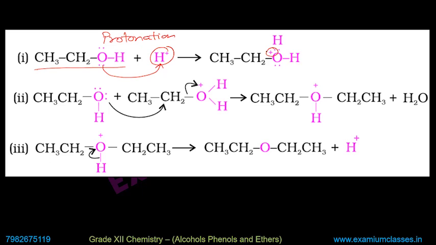Positive charge on oxygen, as we have seen in case of other mechanisms, is not stable. So because it is not stable, what happens is that this bond provides its electrons to this oxygen.